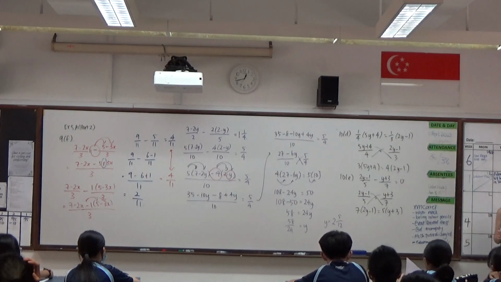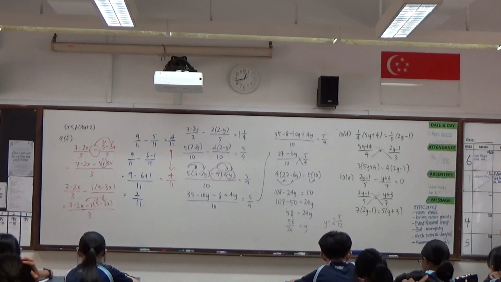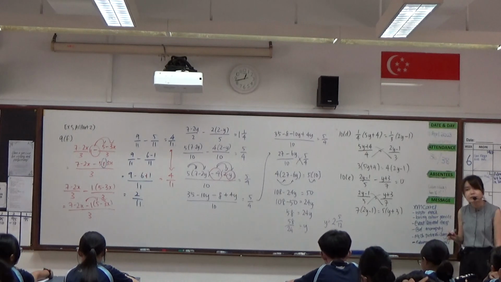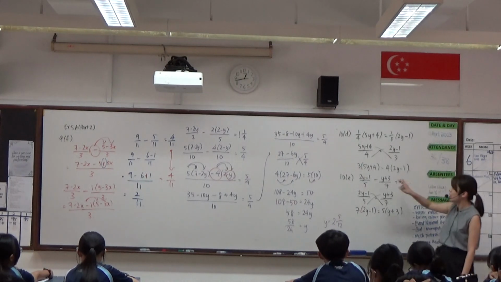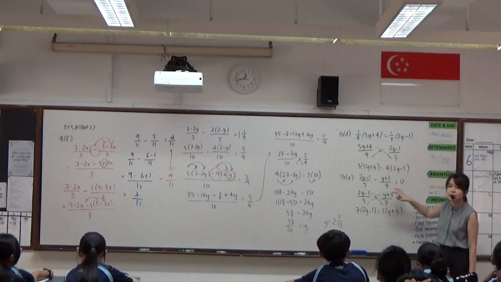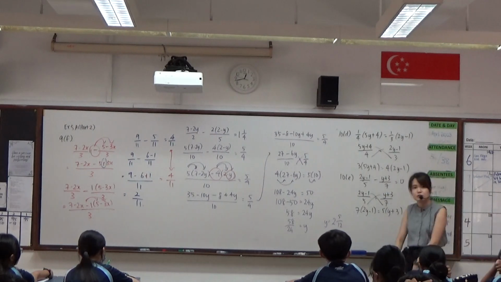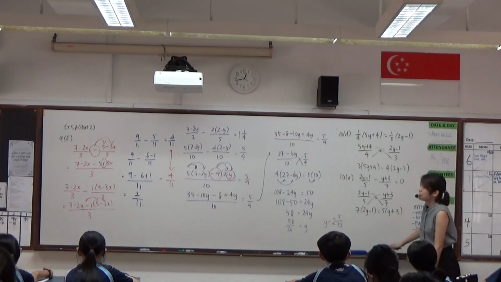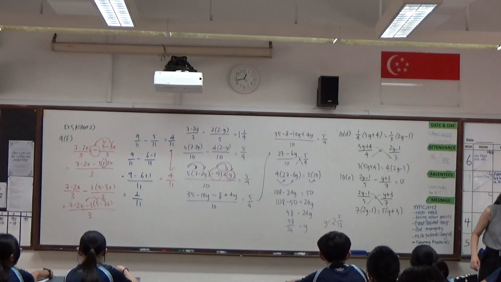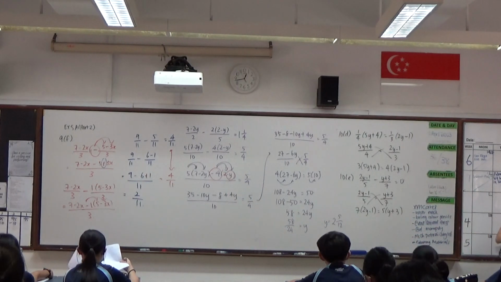For 12 D, F, and H, which unfortunately I didn't get to mark anybody's, the method is really still the same. So long as you have single fractions on each side, always cross multiply and solve. And so that's all I want to talk about.